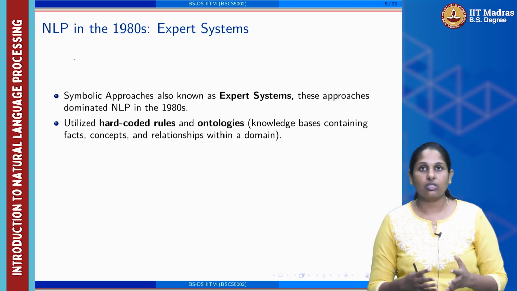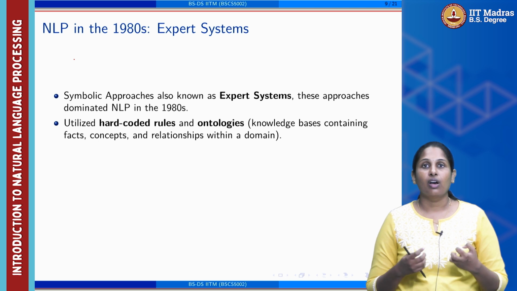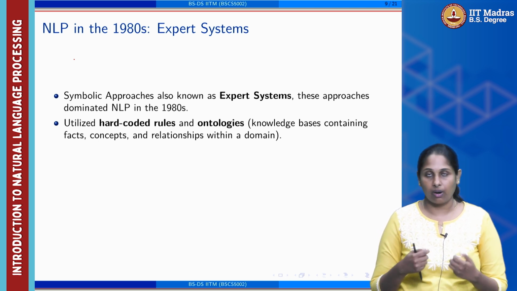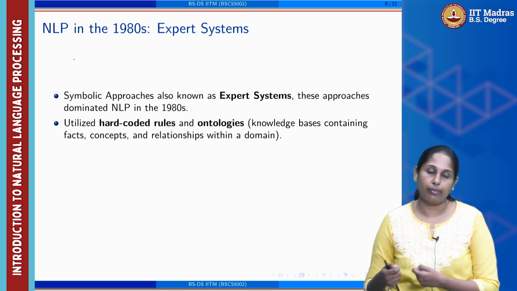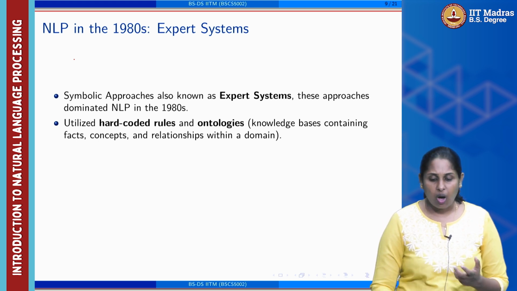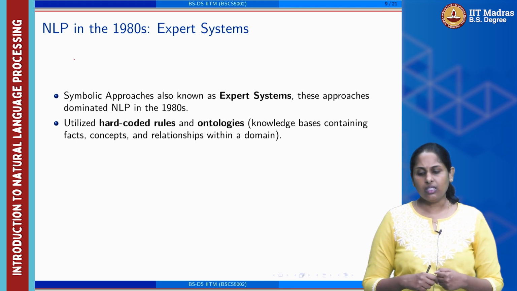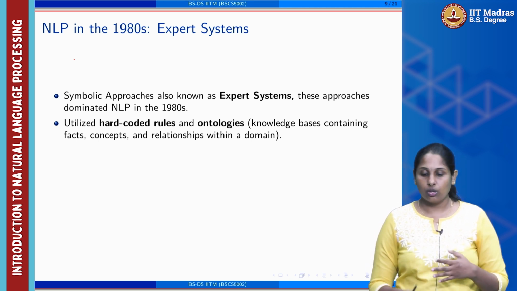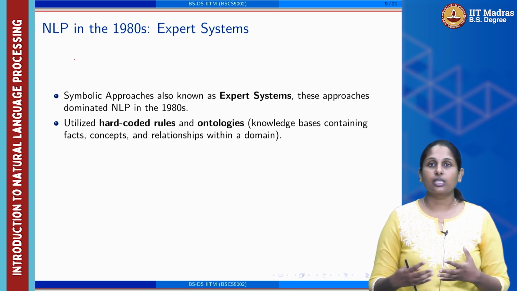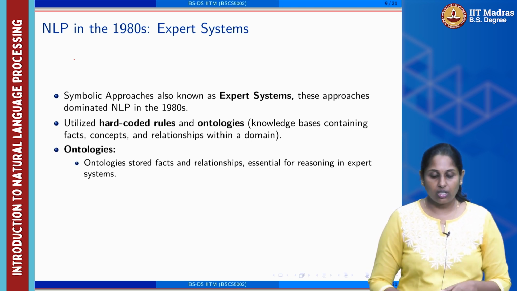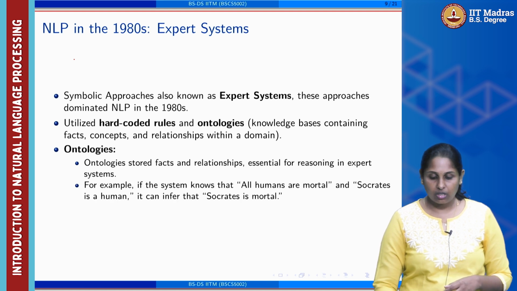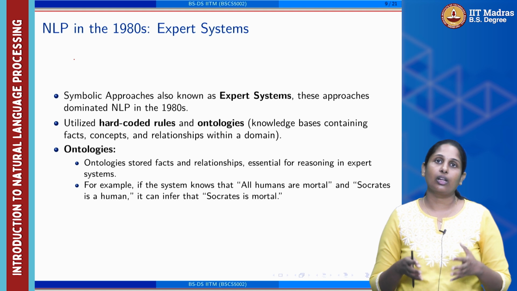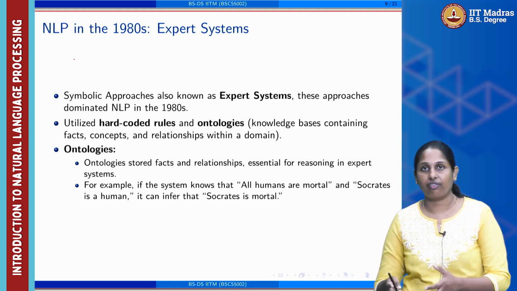These knowledge resources were being built for machine translation and different kinds of NLP applications. These ontologies are nothing but knowledge bases which contain facts, concepts, and relationships within a domain. This domain information is expressed in a very structured way, and it is really helpful to infer what information a language is actually referring to.